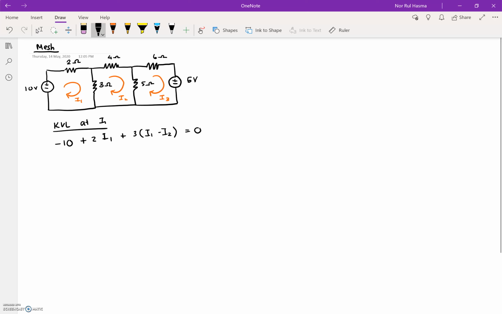And then for the KVL at I2, the middle loop, you can see that 3 is sharing the current with I1 and I2.